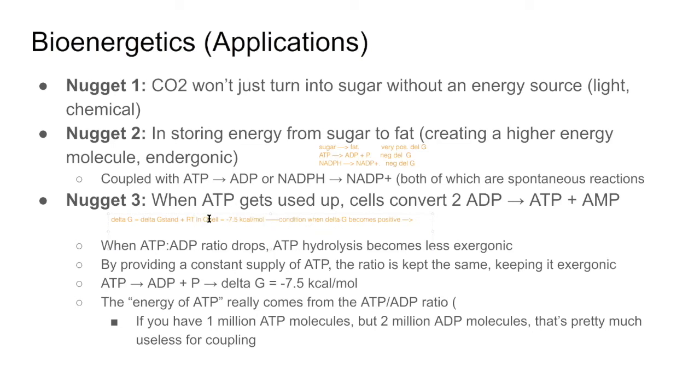And the only way that would happen is if this RT ln Q becomes super positive. Q becomes very positive. I apologize for my formatting. The only way for that to happen is if the ln Q becomes very positive. And so what that means is that Q must be way, way larger than 1.